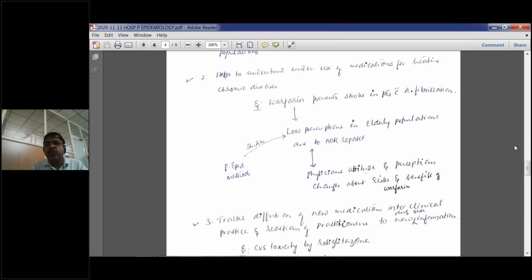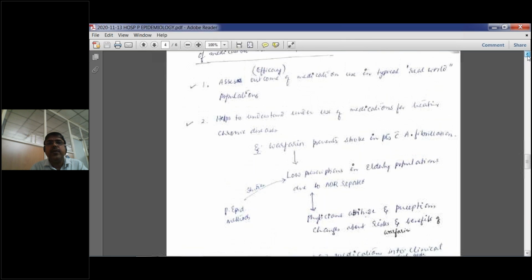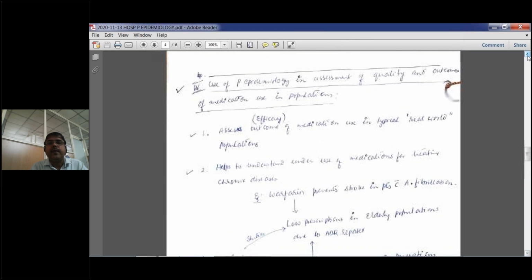So the next usage of pharmacoepidemiology is for the assessment of quality and outcomes of medication use in population. So it is the use of pharmacoepidemiology in the assessment of quality and outcomes of medication use.